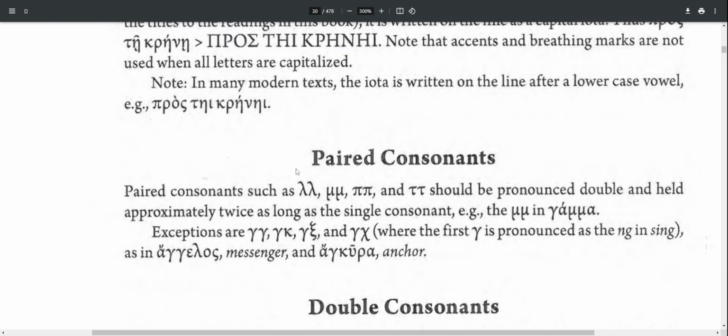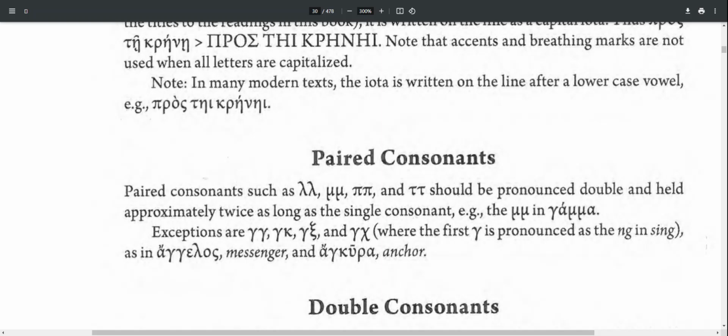And you have paired consonants. You are supposed to pronounce those. You have a pause, twice as long as a single consonant. So you have to make a pause.